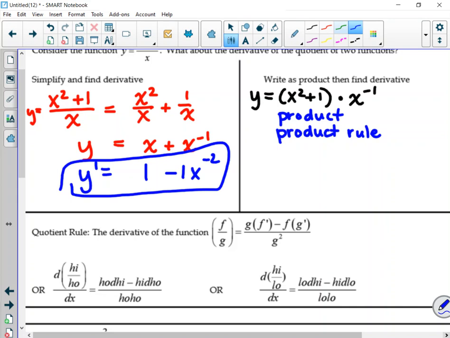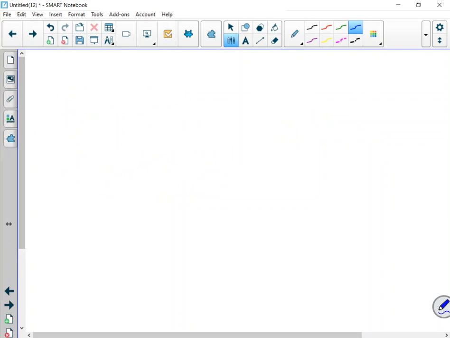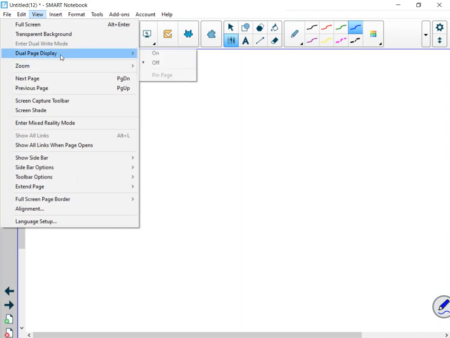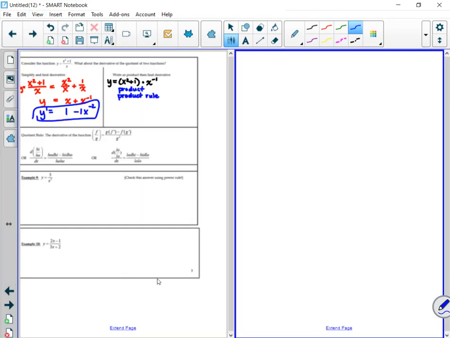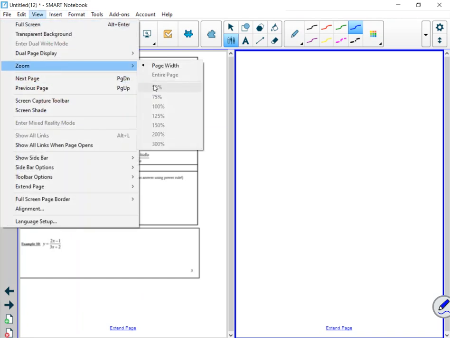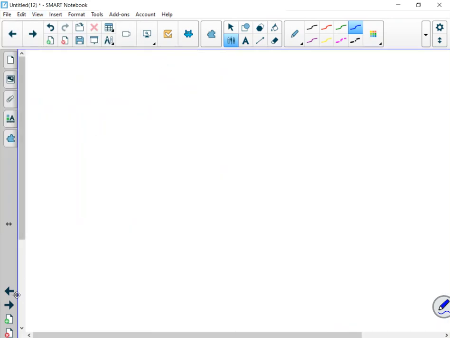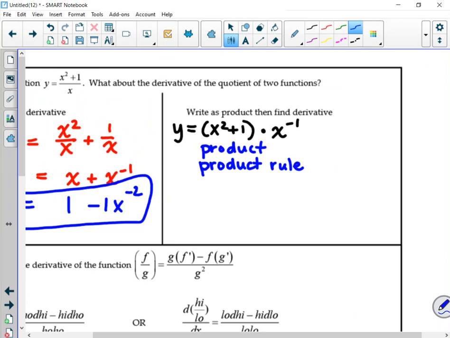How are we going to do product rule? The little product rule work.